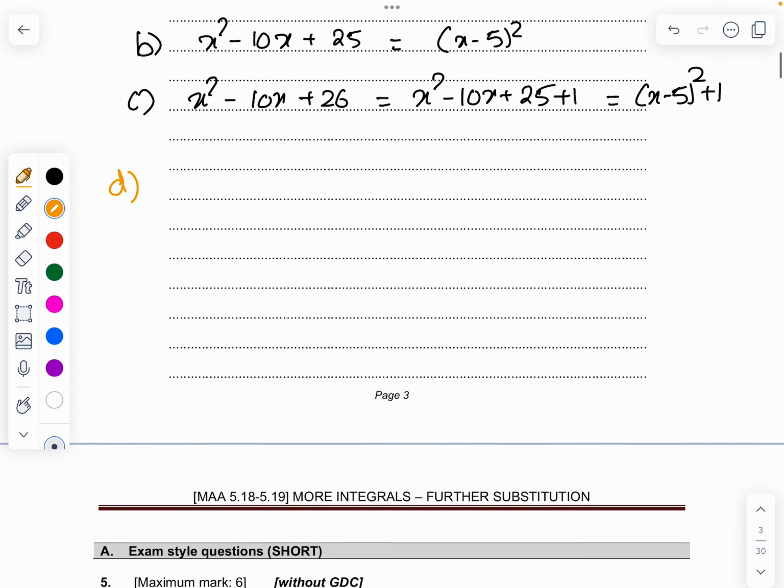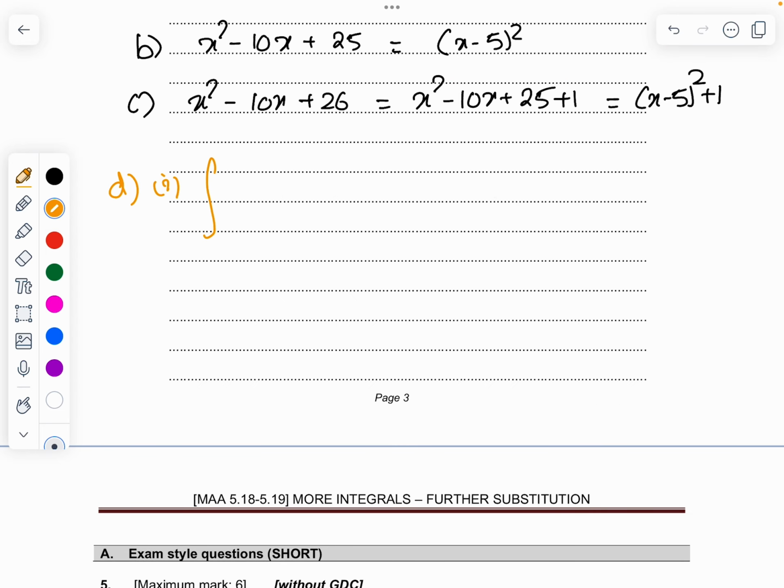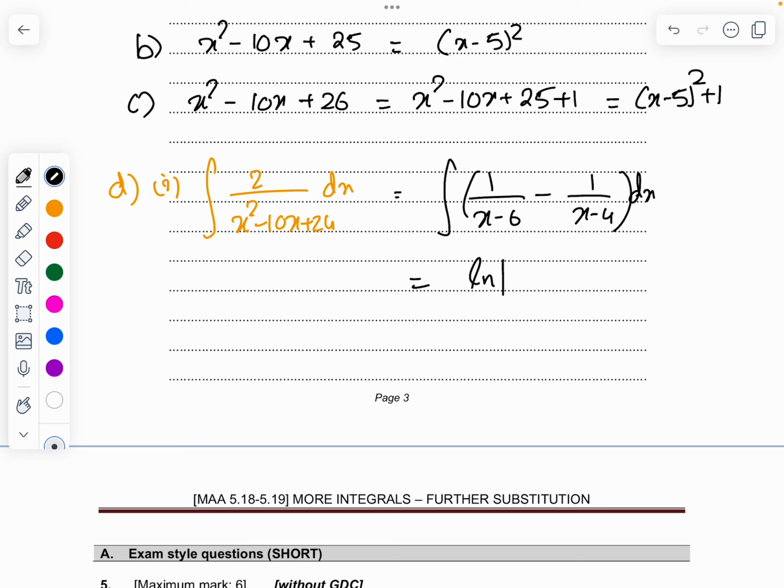Now coming to part D, D1, integral of 2 upon x square minus 10x plus 24 dx. So it is integral of 1 upon x minus 6 minus 1 upon x minus 4 dx, which is ln x minus 6 minus ln x minus 4 plus c.